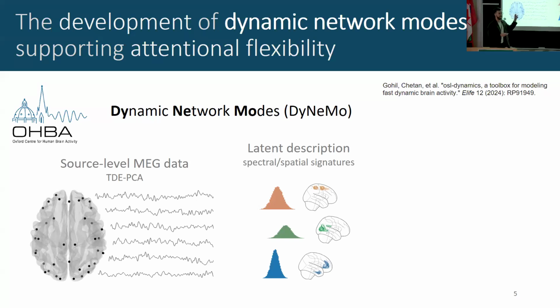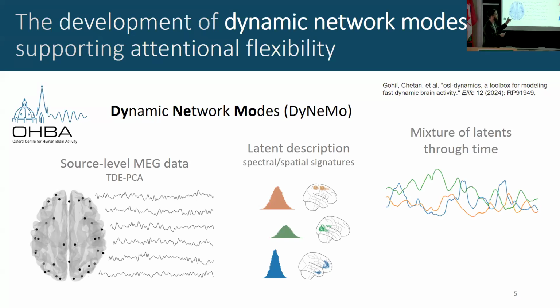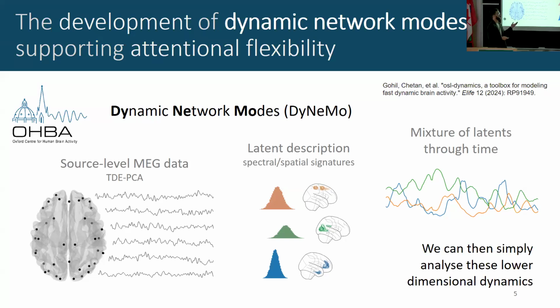Each contains a unique fingerprint of spectral and spatial characteristics. Then we can look at the way they evolve over time. At each time point, the model enforces that all of the modes must add up to 1, but the mixture of those modes changes continuously through time. We then simply analyze those lower dimensional, more compact dynamics rather than the original MEG data.